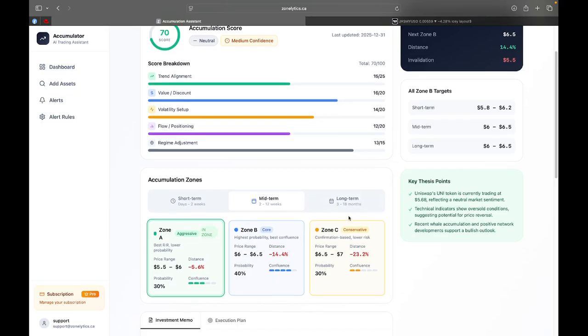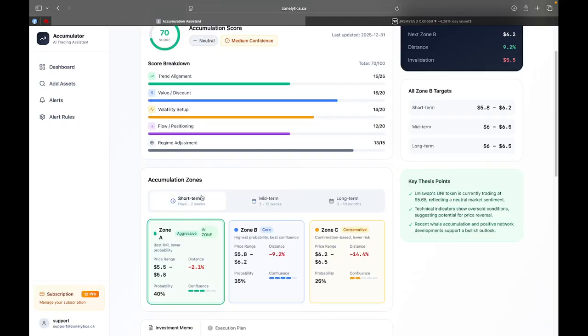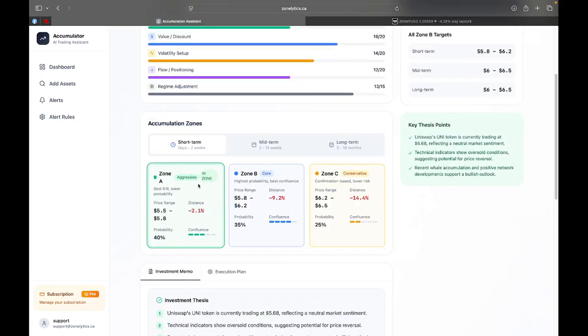This is for educational purposes, so you always want to do your due diligence and put it to the test with the information you already have and make sure it aligns. Make sure it's a confluence to what you already have, right? So we got short term, mid term, long term. It kind of gives you the zones, the confluence of the zones in percentages.